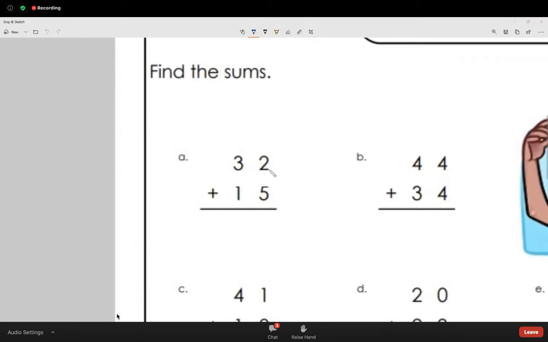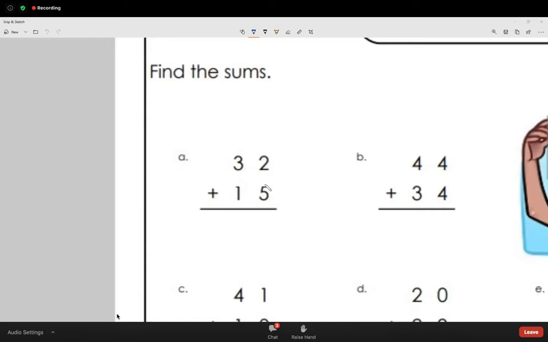So what is this question asking us to add? Which 2 numbers are we adding? We're adding 2 plus 5 equals 7.